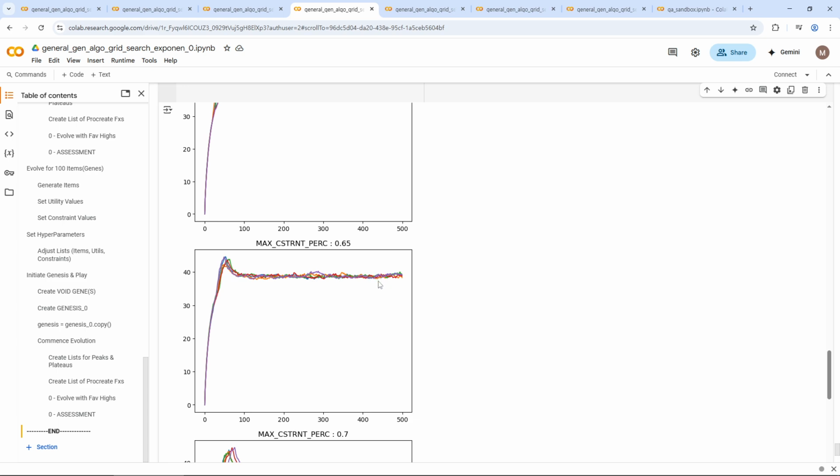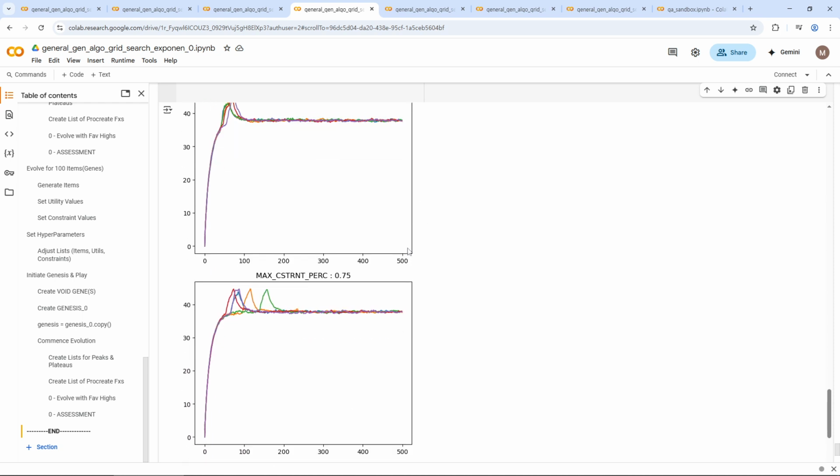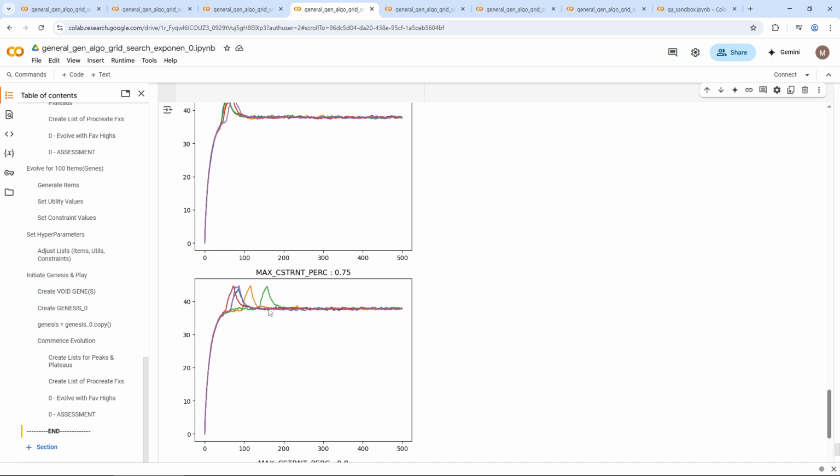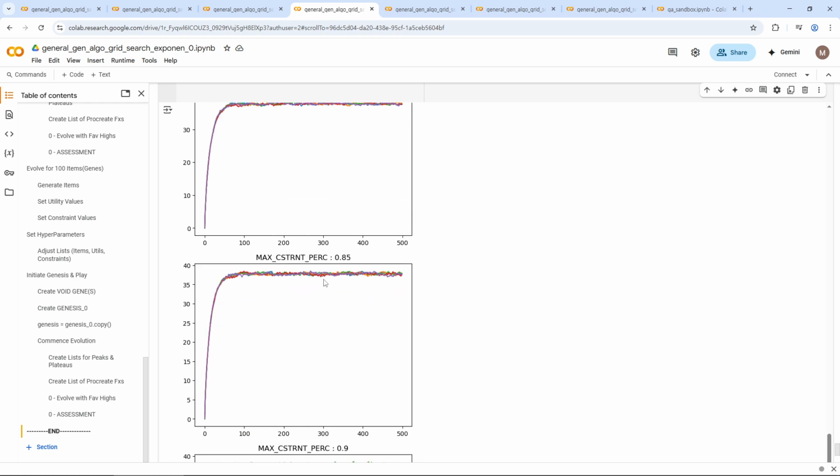I thought they'd be higher. They're not. At 70%, same. At 75%, the peaks happen, the plateaus happen, but the plateaus are still below 40. At 80%, the peaks do happen, but the plateaus are still below 40.